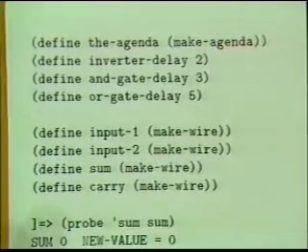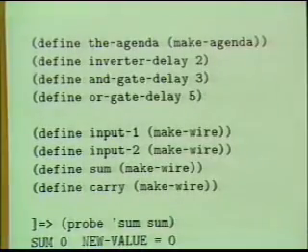Actually, not exactly this simulator, because I'll tell you the difference. The difference is that there were many more different kinds of primitives. There was not just the word inverter or AND gate. There were things like edge-triggered flip-flops and latches, right? Transparent latches and adders and things like that.